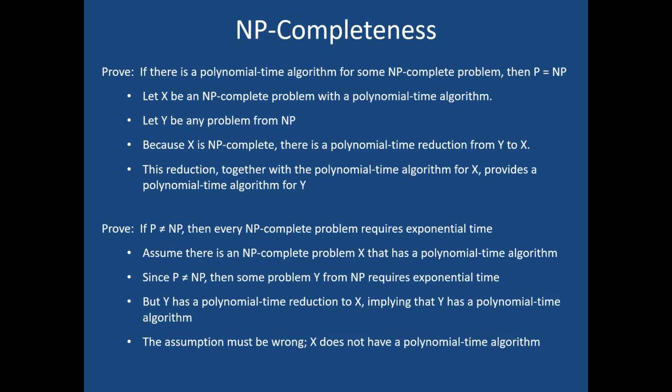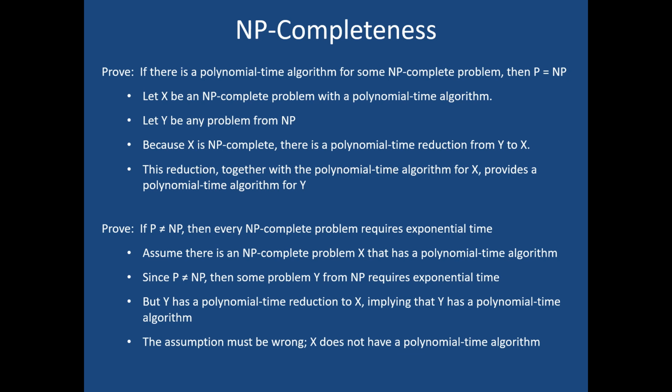But basically, it's a proof by contradiction. Assume you got some NP complete problem X that has a fast solution. Okay? Now, we're assuming P is not equal to NP, so there has to be some problem Y from the NP that requires exponential time, otherwise P would equal NP. So we've got this problem Y that requires exponential time, and an NP complete problem X that has a polynomial time algorithm.